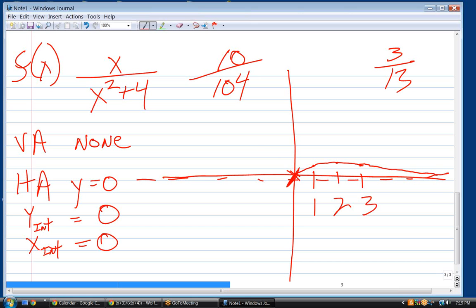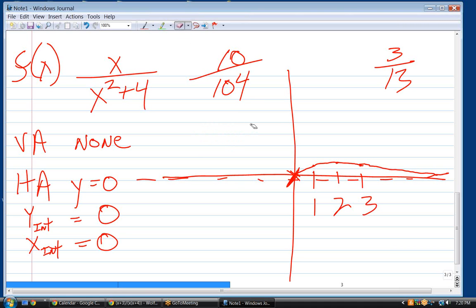And then on the other side, it does exactly the same thing. It's a reflection of this, because this function is odd. It's even, rather. No, no, it's not even. I was wrong. We're not in this area.